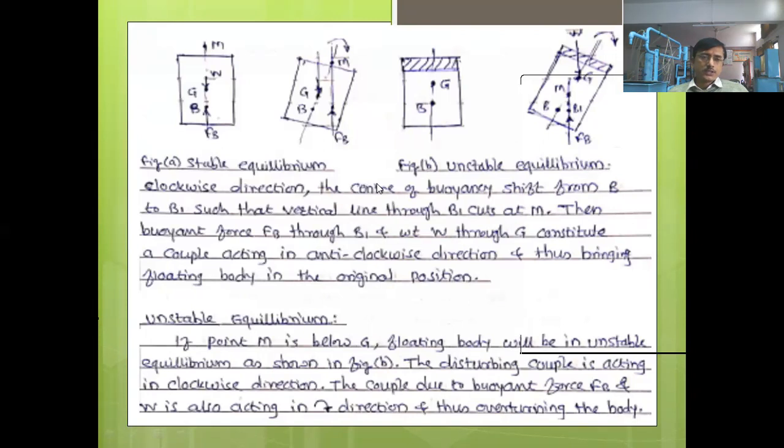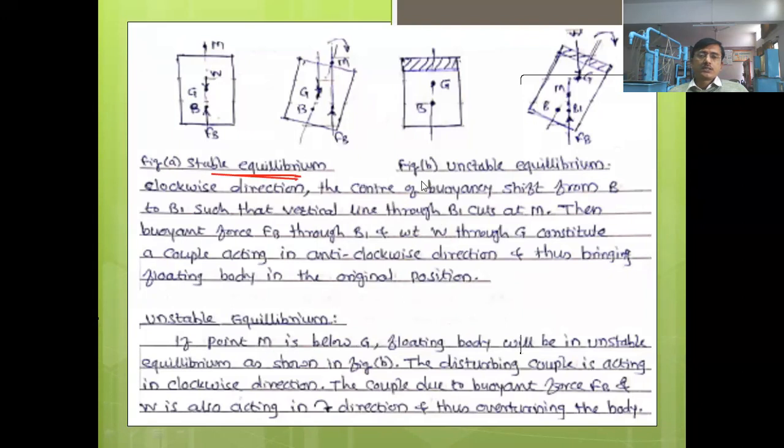M is above Z, stable; M is below Z, unstable, correct. And for the neutral, what is the condition for neutral equilibrium? M and Z coincide with each other, right?